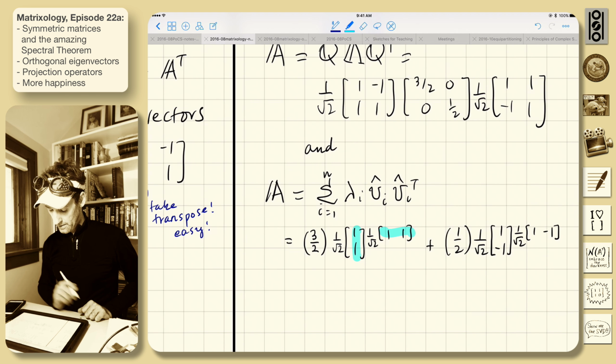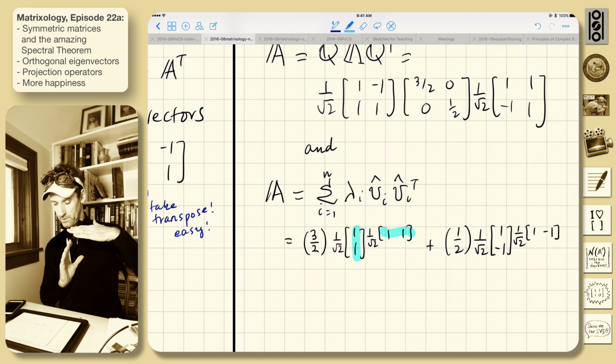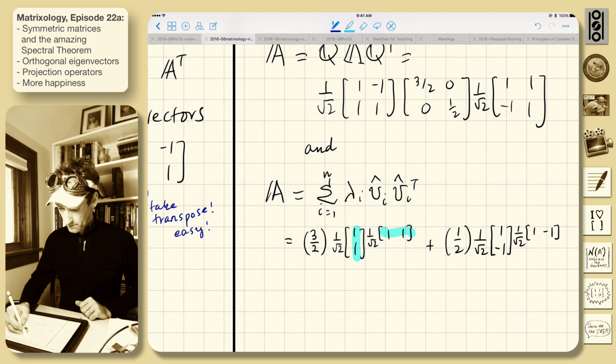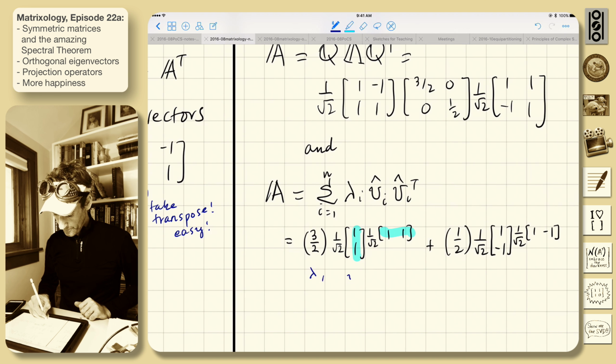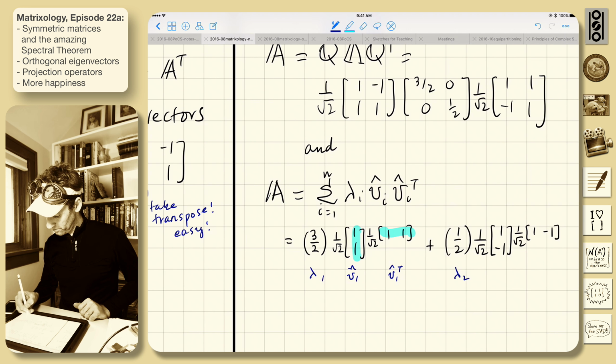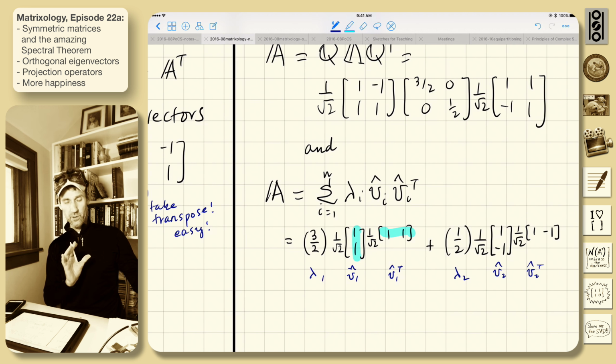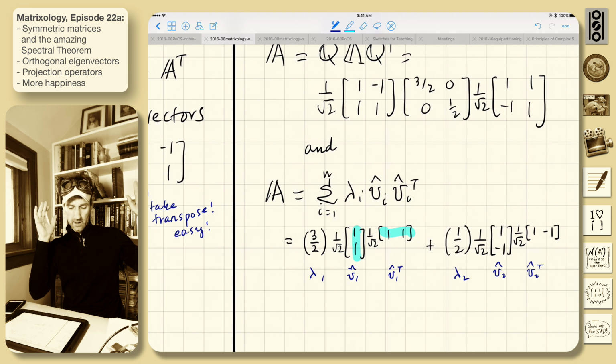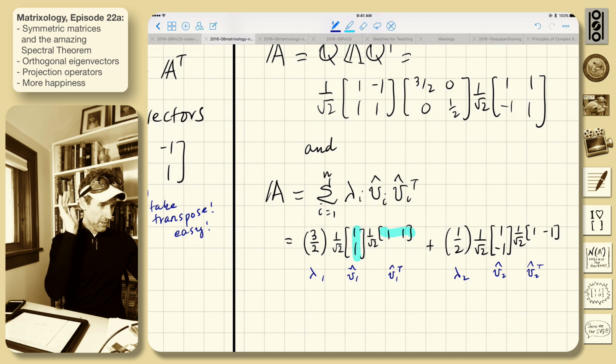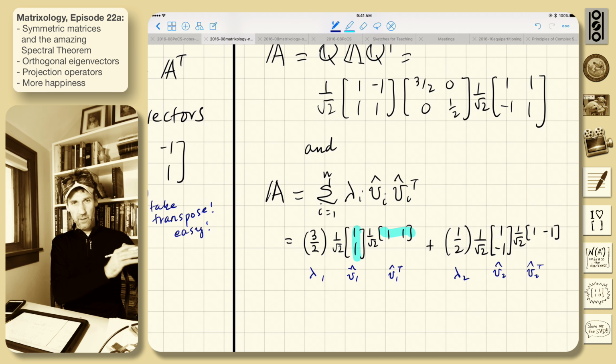So this is lambda 1, V1 with a hat, V1 transpose, and then this is lambda 2, V2, V2 transpose. Two projection operators, right? The first one projects, if A times X, it will project X onto the 1, 1 direction and then multiply by 3/2. The second piece projects it onto the, I guess that's right, 1 minus 1 direction.